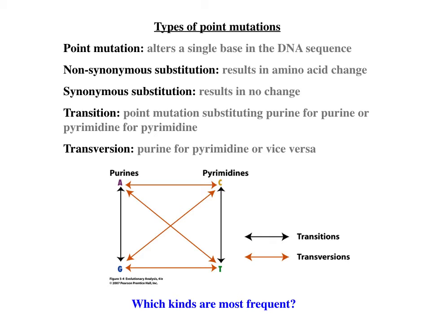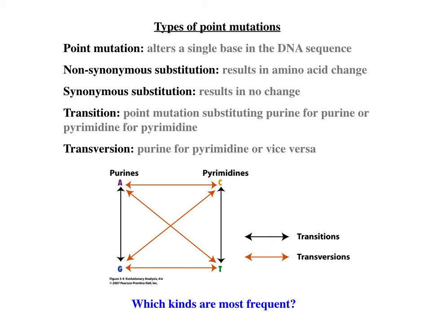If you think about it and you sort of hypothesize which one of these is more frequent, if you look at that chart there, the black lines indicate transition type mutations, and the orange lines represent transversions.